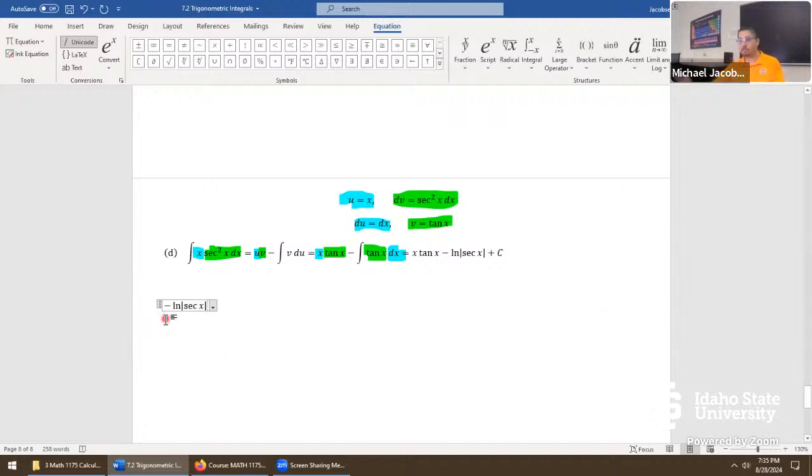You can take your negative sign right there and go natural log, absolute value, secant x to the power of -1. So a coefficient can become an exponent. This is not secant inverse. This is the reciprocal of the secant function, which would become natural log, absolute value, cosine x, once you take that reciprocal. So you're looking at an equivalent algebraic form, essentially, for that one function there.